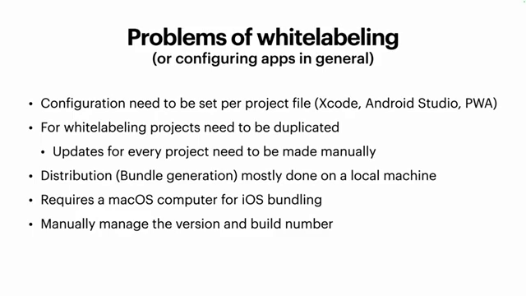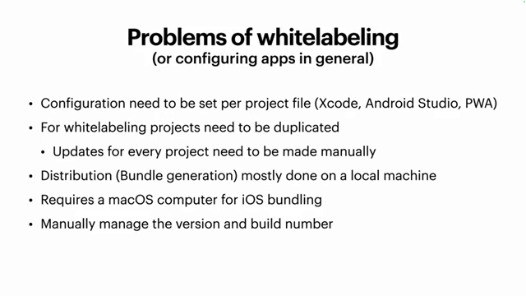Also, the bundle generation and distribution of your applications is mostly done on your local machine. So if you're submitting your application to the App Store, you may need to install Xcode and Android Studio, bundle it there, and then upload it to the App Store or the Google Play Store.